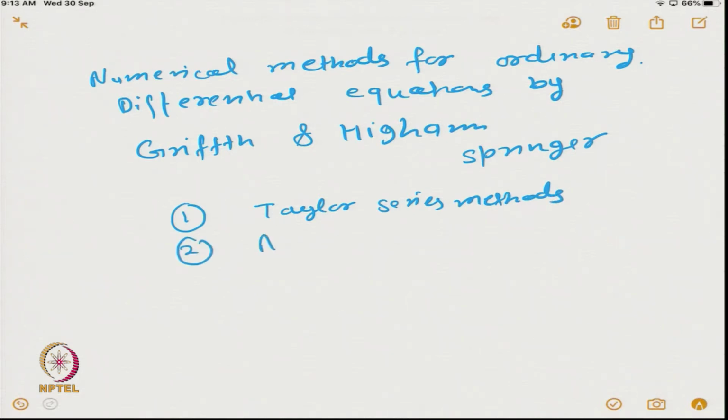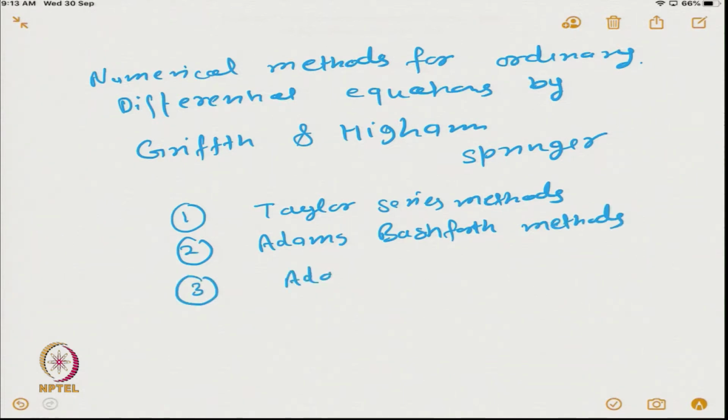Then we saw Adams-Bashforth methods, and after that we looked at Adams-Moulton method. So, Taylor series methods and Adams-Bashforth methods were the category of explicit methods.